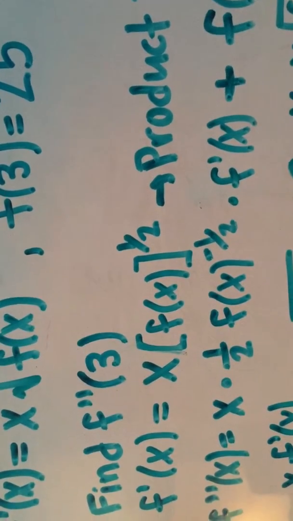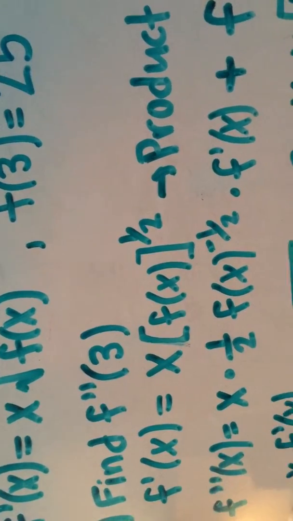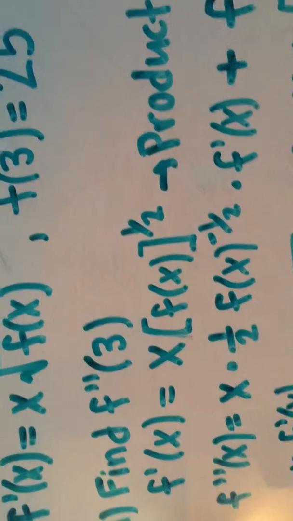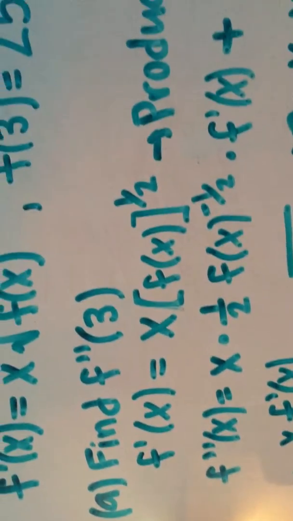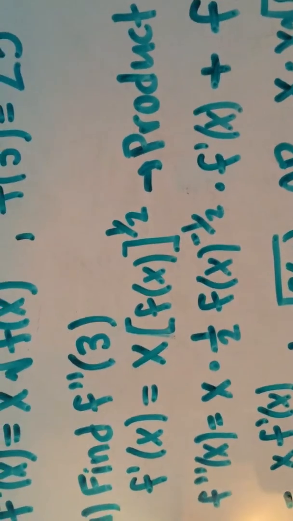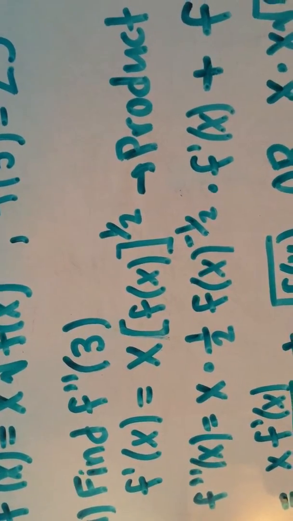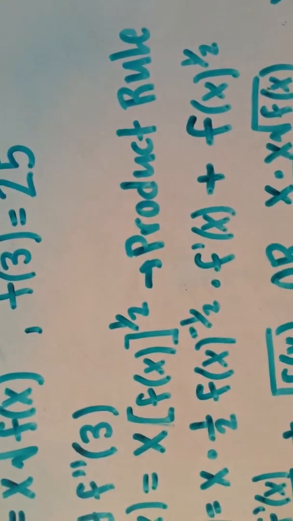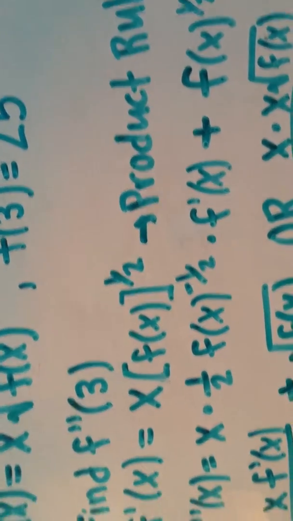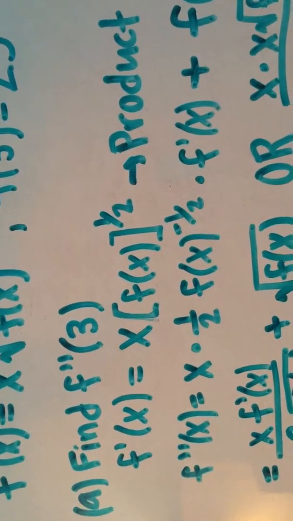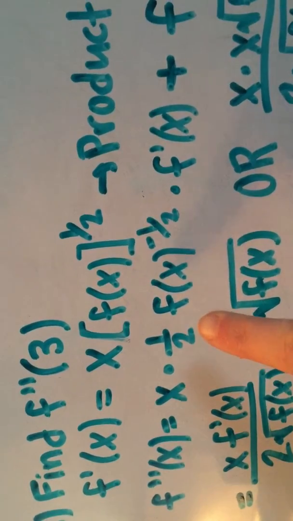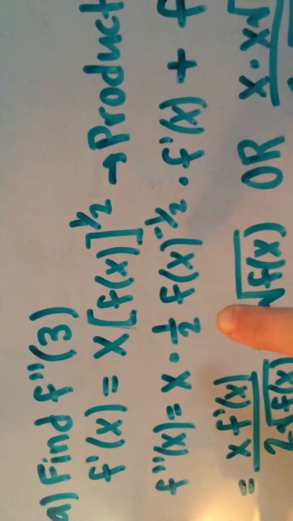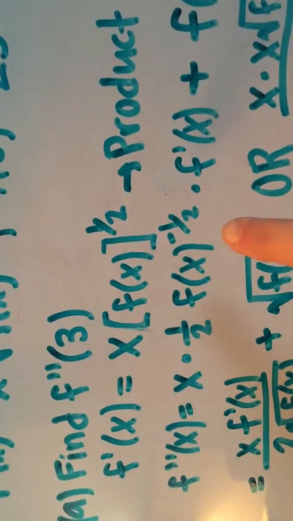I rewrote it as x times f of x to the 1/2. To take the second derivative, you do the first term times the derivative of the second term, plus the second term times the derivative of the first. So it's x times, using the power rule, you bring down your 1/2 and then subtract 1.